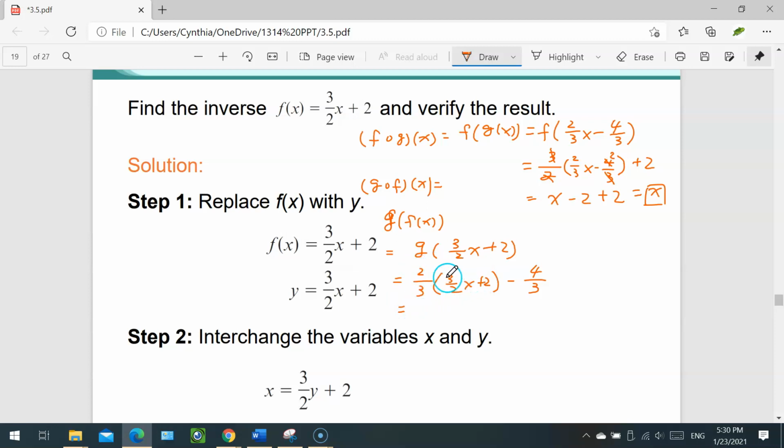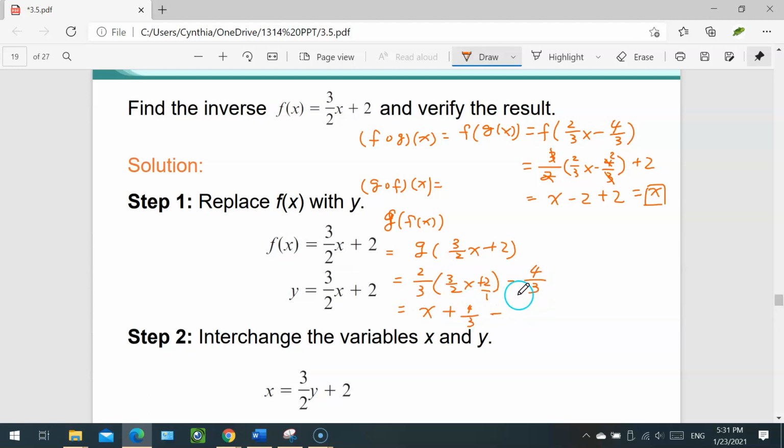Distribute it. 2/3 multiplied by 3 over 2 is 1. So you have the single x plus 2/3 multiplied with 2. You can treat the 2 as 2 over 1, so you just cross multiply. 2 times 2 is 4, 1 times 3 is 3.